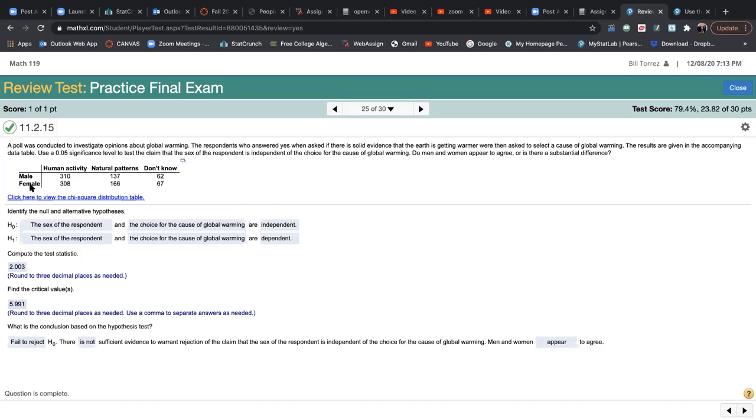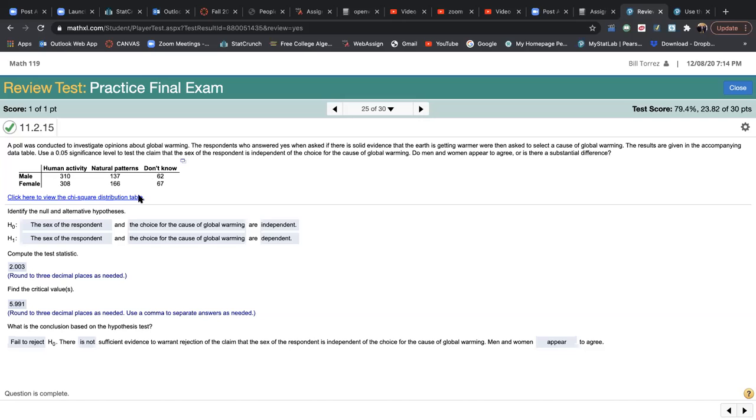Row labels are gender, and the column labels are the different causes that might be attributed to global warming: human activity, natural patterns, and then this last category, don't know.